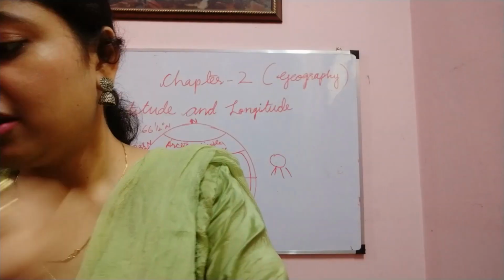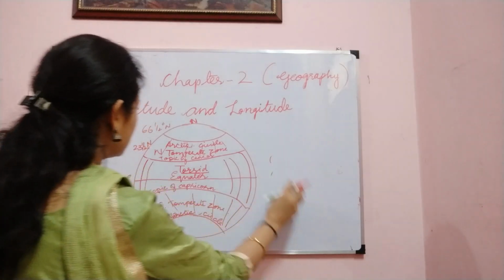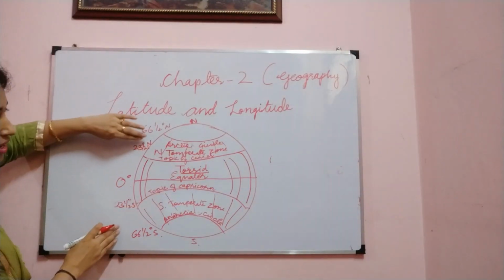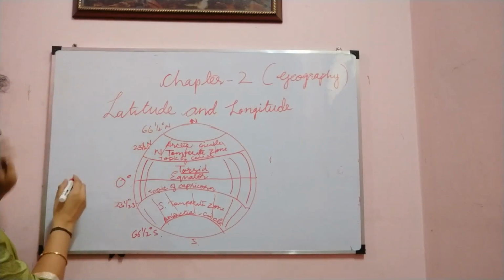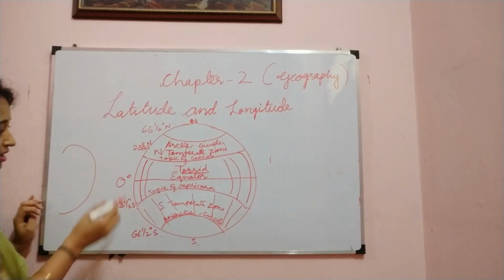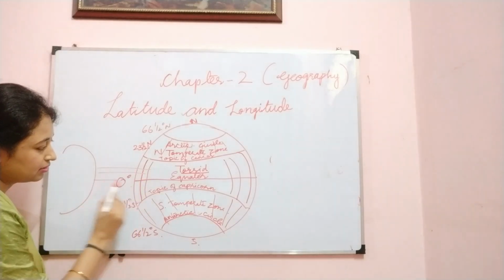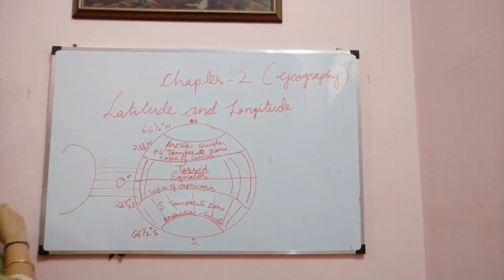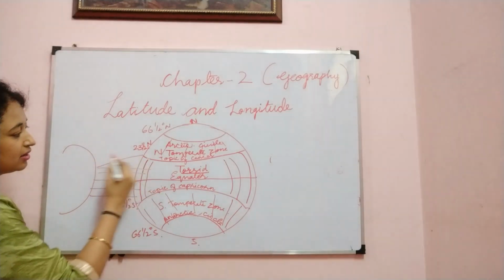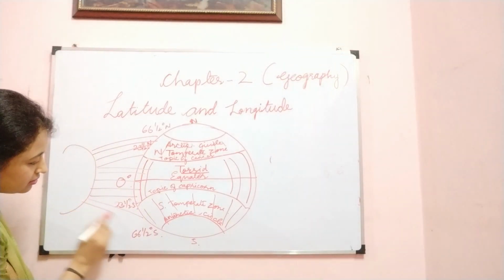Here, they never get direct sun rays. So this portion never gets direct sunlight. Suppose this is the sun. When it shines, this area will get direct sunlight, and when it goes towards the temperate zone, the angle becomes slightly diagonal.